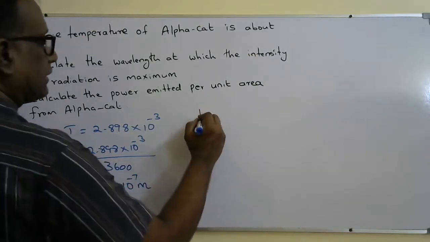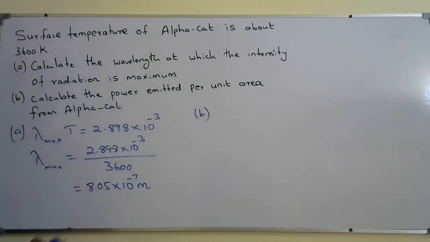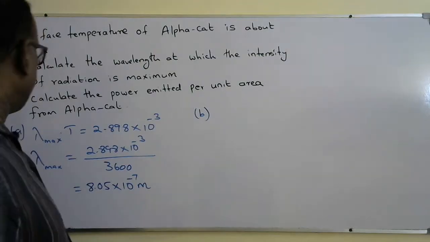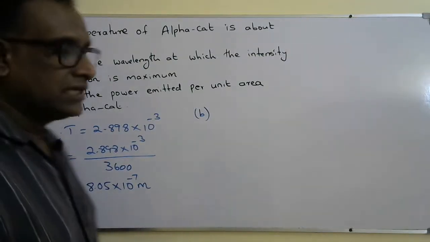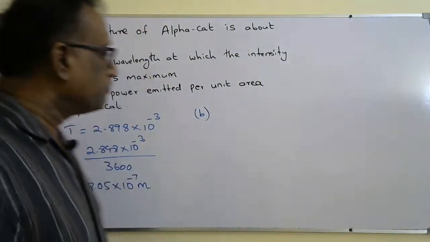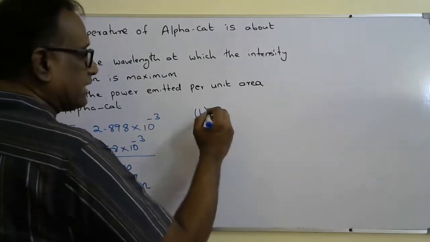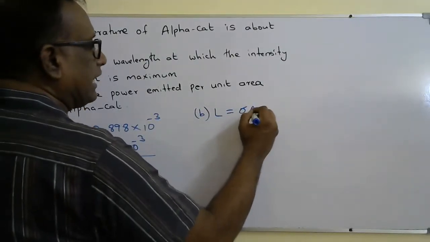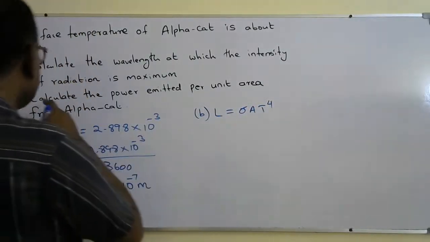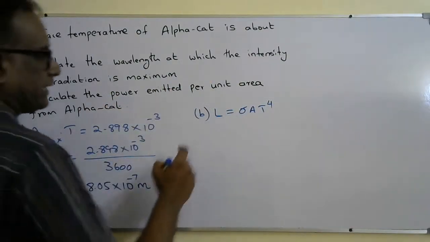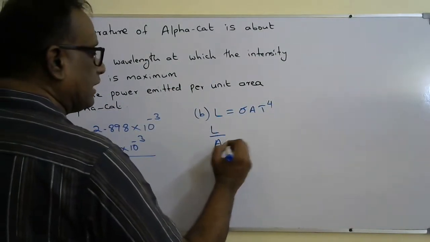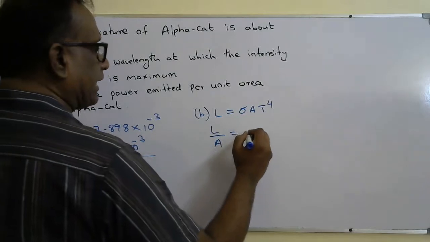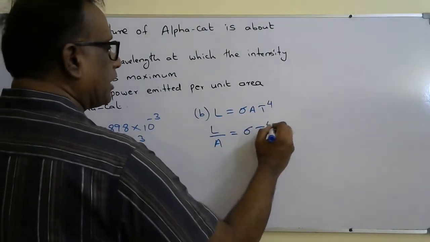Okay, B part: calculate the power emitted per unit area from the star. Power means luminosity, L equals sigma A T^4, but the question asks for power emitted per unit area. So L over A, luminosity per area, is sigma T^4.